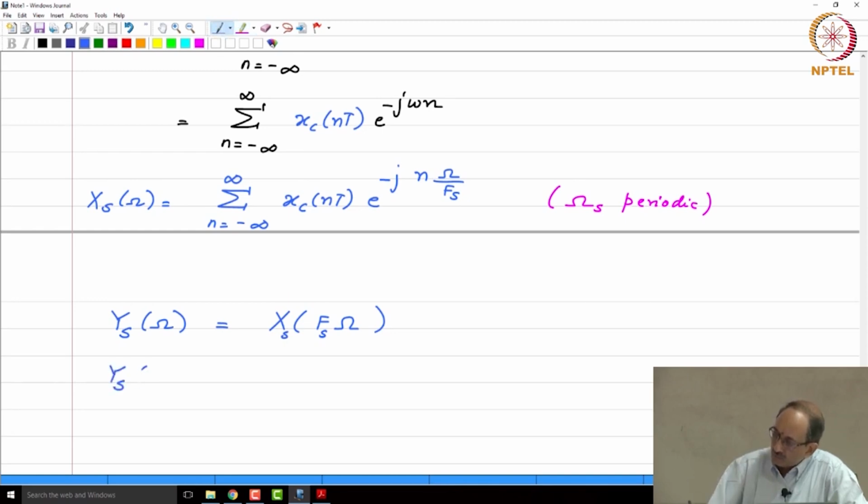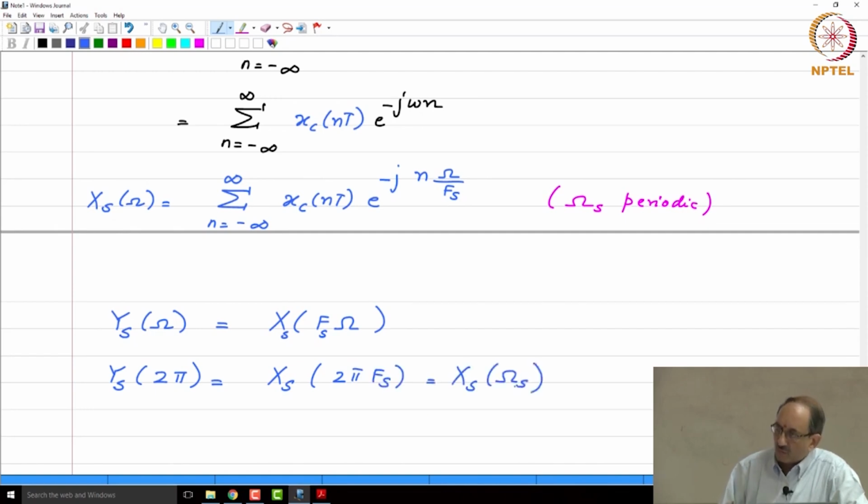What about Ys of 2 pi? Ys of 2 pi is Xs of, wherever omega is, you replace omega by 2 pi, therefore, this becomes 2 pi Fs, and this is nothing but Xs of omega s.